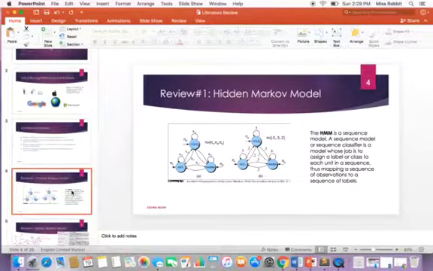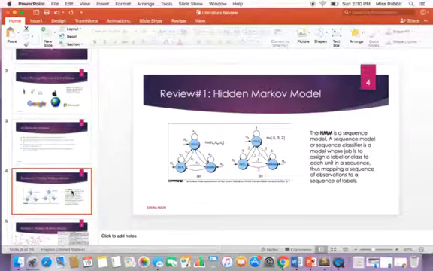Now let us jump to Scholar paper number one. Before we dive deeper, I would like to provide you a highlight of the key points in this paper. Scholar paper number one uses a model for speech recognition called the hidden Markov model.